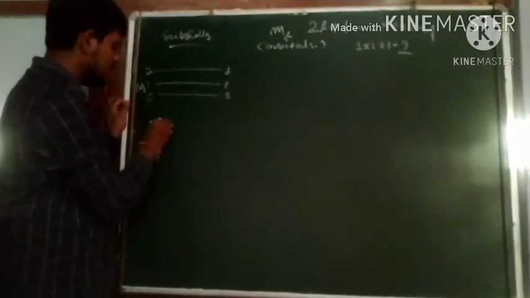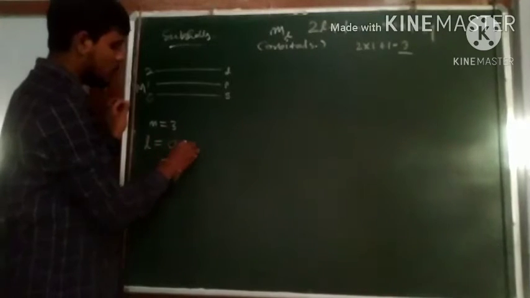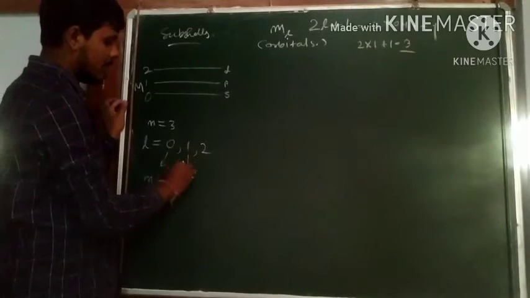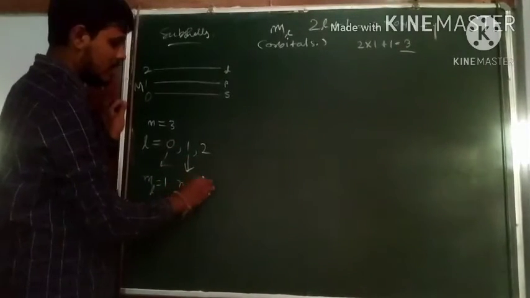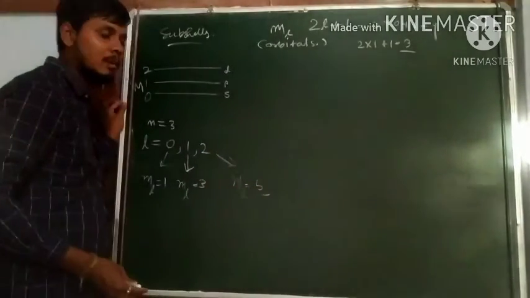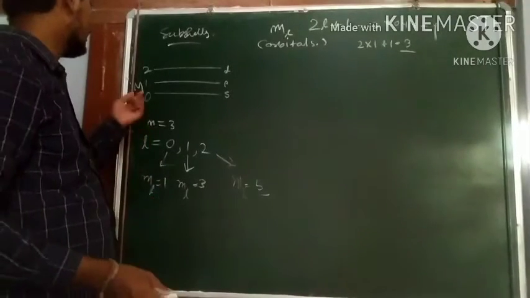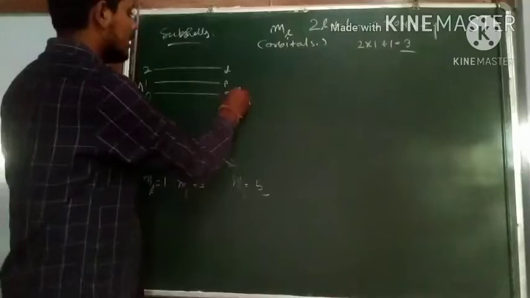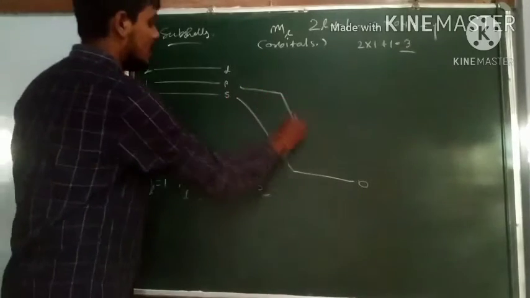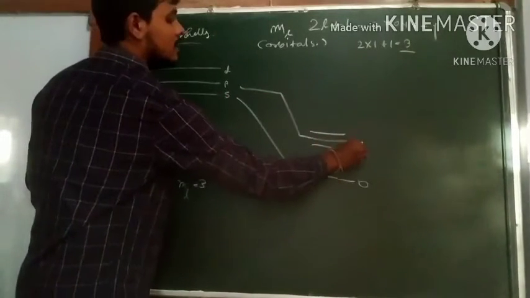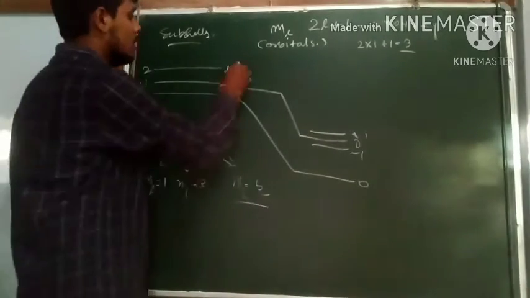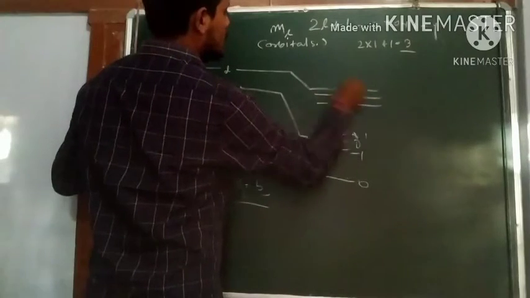For the M shell, n is 3, so l can be 0, 1 or 2. If l is 0, I get one ml, that is 0. If l is 1, I get three values of ml: -1, 0 and +1. If l is 2, I get five values of ml: -2, -1, 0, +1 and +2.